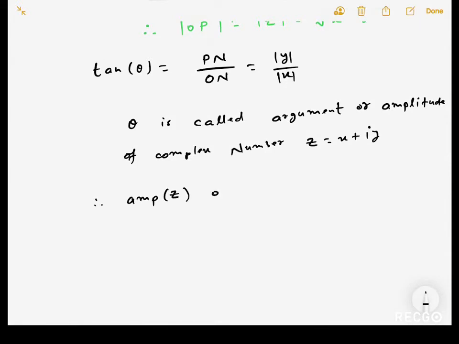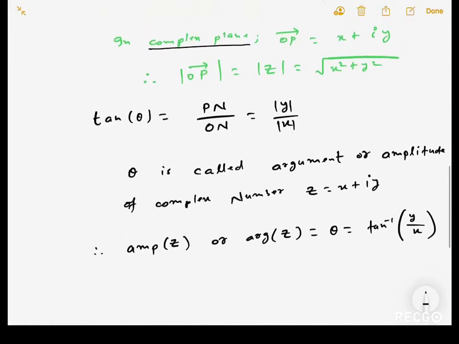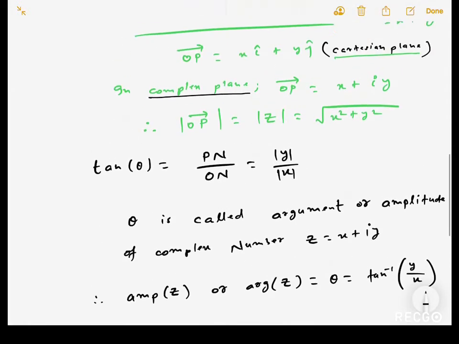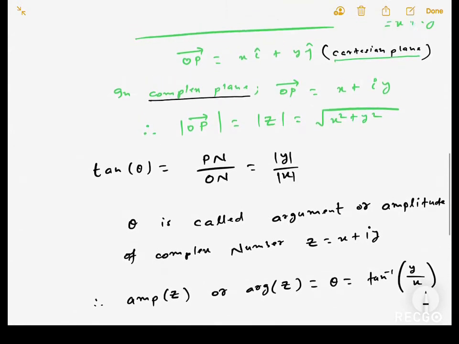So amp z means amplitude of z, or arg z means argument of z, and that is equal to theta, and that is equal to tan inverse of y by x. So tan theta is equal to y by x, therefore theta is equal to tan inverse of y by x, right? This is a very simple formula, and you already know this because you are now studying the geometry of complex numbers, so you must have studied the basic fundamentals of complex numbers.